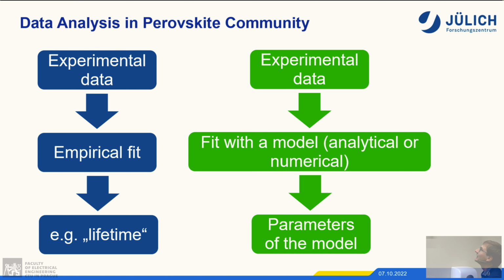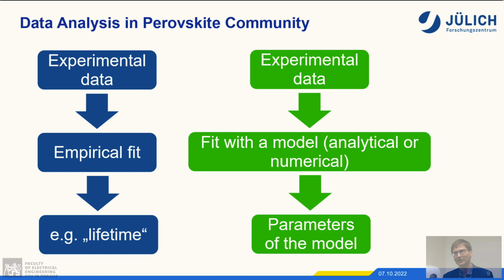And now this is what I think can already solve the problem. It's just a really minor addition to this process. So you take your experimental data, and then you don't do an empirical fit, but you think about some sort of model. Yeah, and the model should not be entirely empiric.